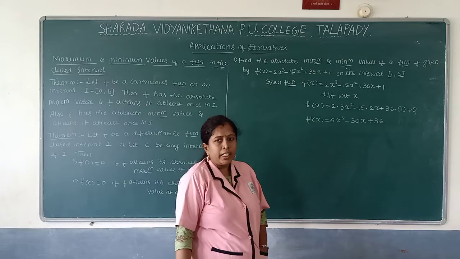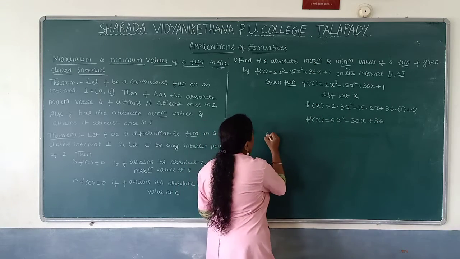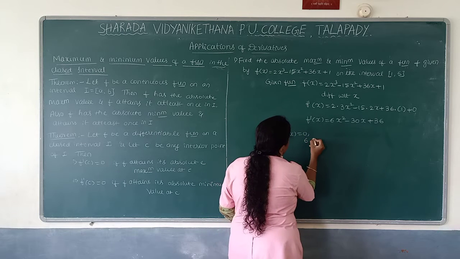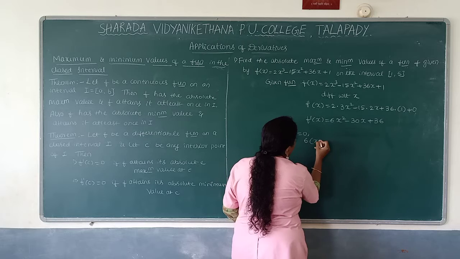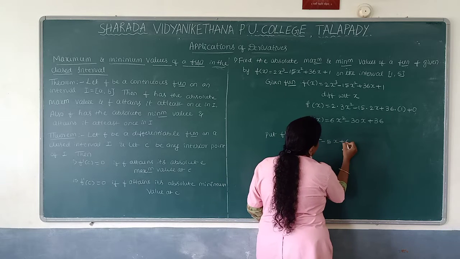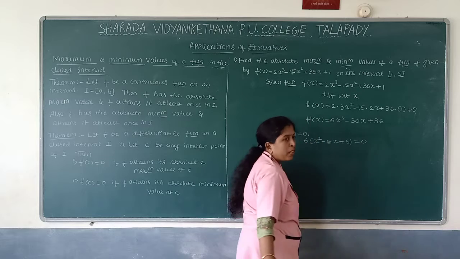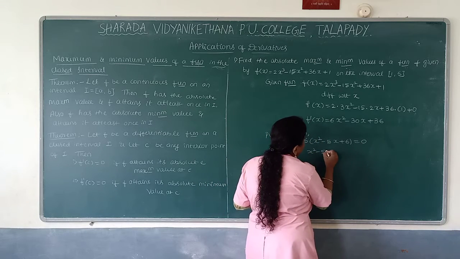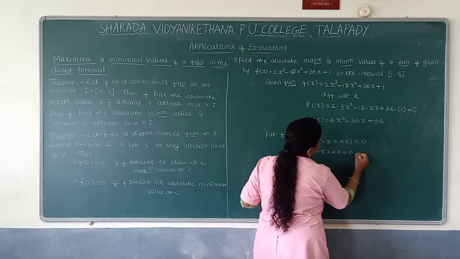Then how to get the critical points? Put f dash of x is equal to 0. Then 6 we can take common, remaining x square minus 5x plus 6 is equal to 0. Then 6 goes to the denominator, we will get x square minus 5x plus 6 is equal to 0.